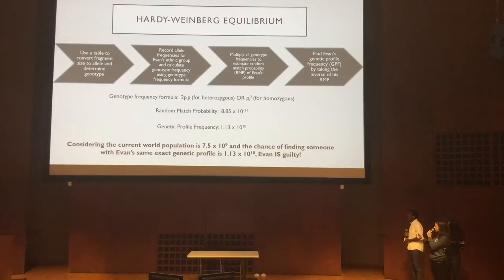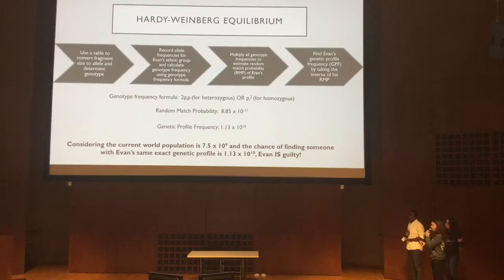And remember that the frequency formula is over here for heterozygous, and then you square it for homozygous. And then you multiply all of these frequencies here to estimate the random match probability of Evan's profile. And then you take the inverse of this number to get his genetic profile frequency.